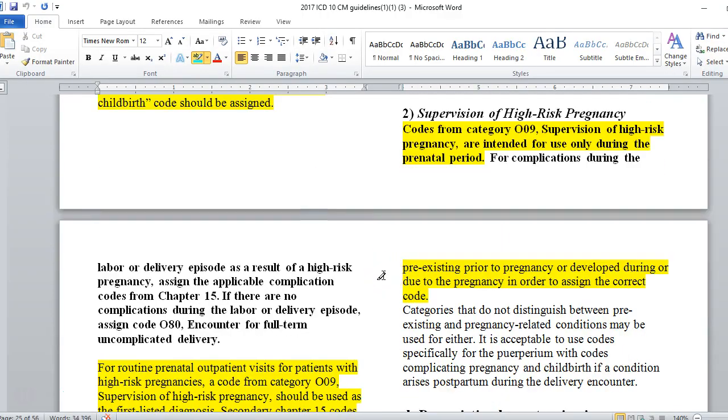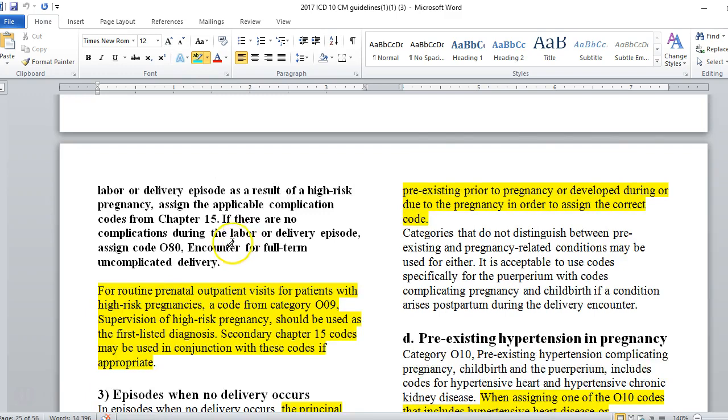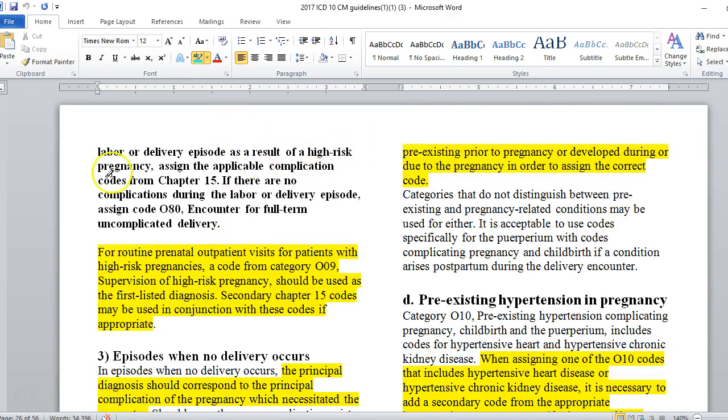Now, codes from category O09, supervision of high-risk pregnancy, are intended for use only during the prenatal period. For complications during labor or delivery episode as a result of a high-risk pregnancy, assign the applicable complication code from Chapter 15. If there are no complications during the labor or delivery episode, assign code O80 and count for full-term uncomplicated deliveries.